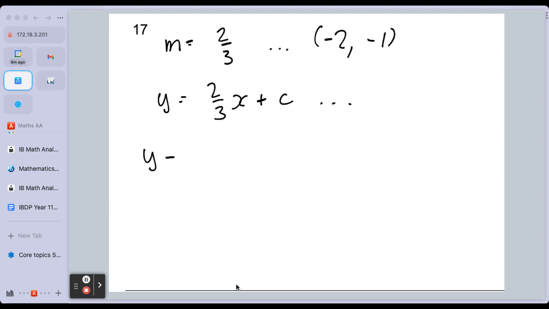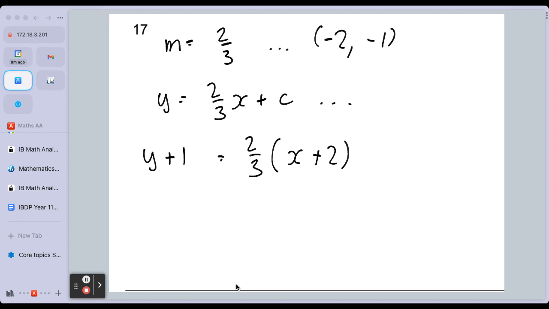Now, y1 is -1, so that's going to be y plus 1, is equal to 2/3, the gradient, of x minus x1. And x1 is -2, so that becomes x plus 2.